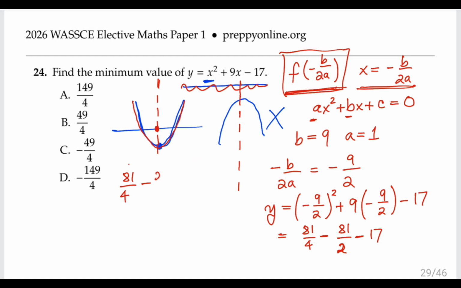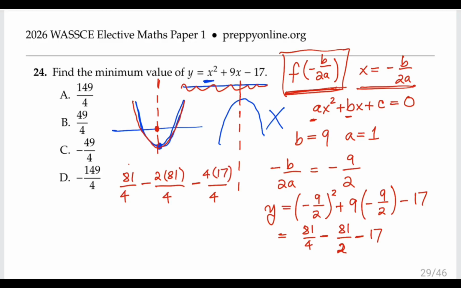The numerator is going to be twice that. So twice 81 over 4. And then we have 17. We can write that one also over 4, or we can do it in another way. I think we can try to write that over 4. If you do that, then you're going to get 4 times 17 here.